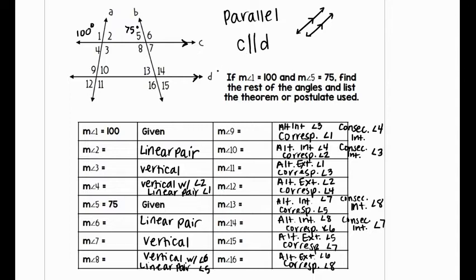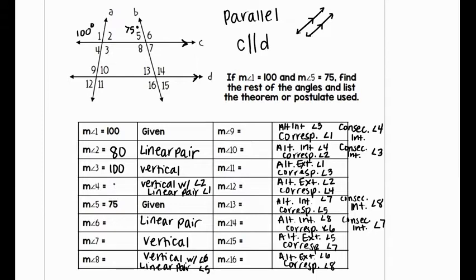Since they're parallel, we can use those theorems from above to say which angles are congruent, which ones are supplementary, and so on. So in angle 2, I can see that that's a linear pair with angle 1, and I will know that angle 2's measure will be 80 degrees. In angle 3 then, I can either say it's a vertical angle to angle 1, so I'll know it's congruent at 100 degrees, or the other way I know that it's 100 is because 2 and 3 are a linear pair, so they need to add up to 180.